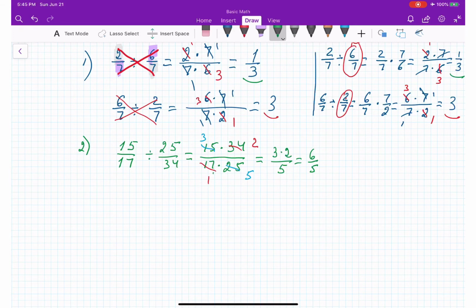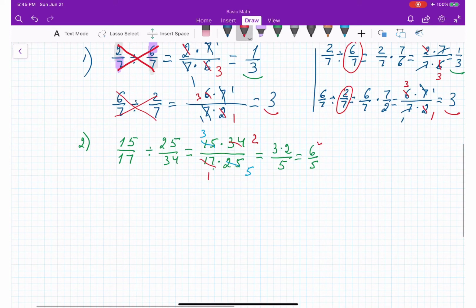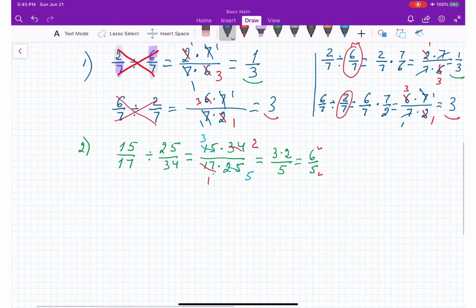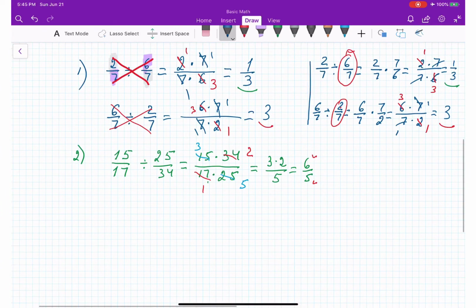So as you can see, it's an improper fraction because the numerator is greater than the denominator. So therefore, to convert it to a mixed fraction, we divide 6 by 5. It's going to be 1 time, right?